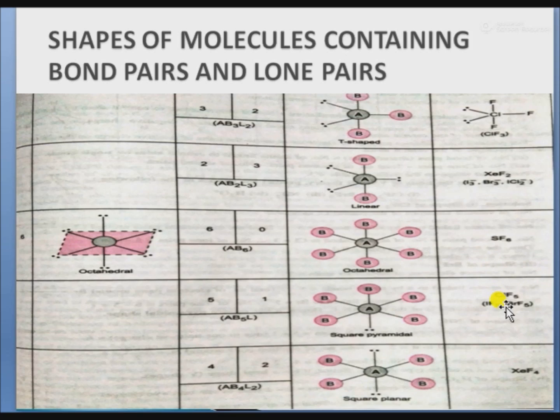For example, ClF5, IF5, BrF5, etc. And due to lone pair bond pair repulsion, its geometry is distorted. If there are 4 bond pairs and 2 lone pairs, it becomes AB4L2 and its geometry is square planar. For example, XeF4, here also lone pair bond pair repulsion occurs.